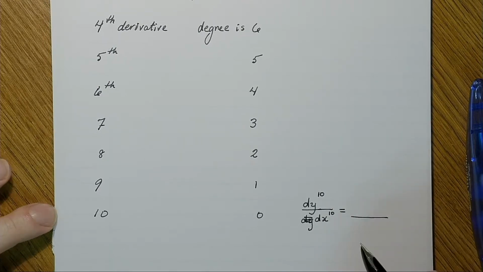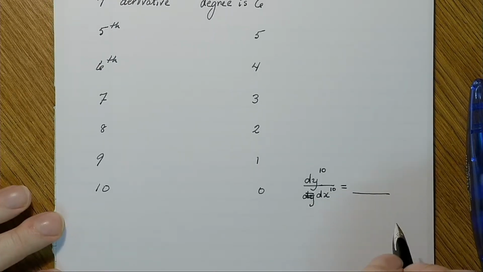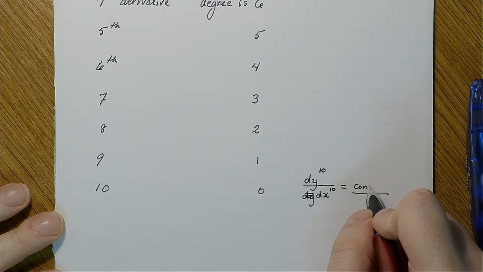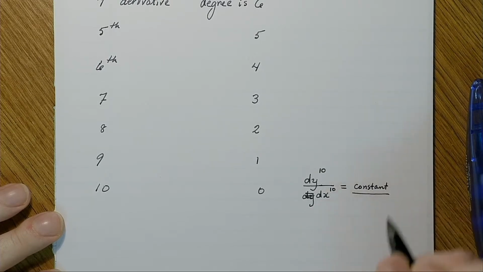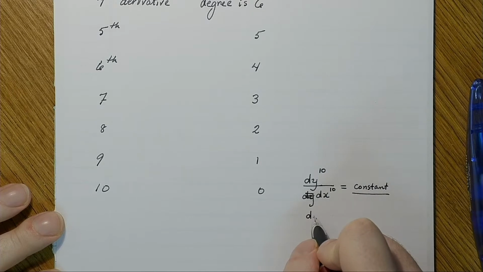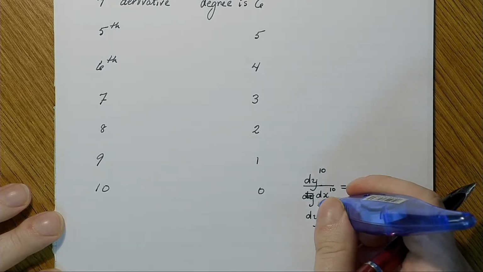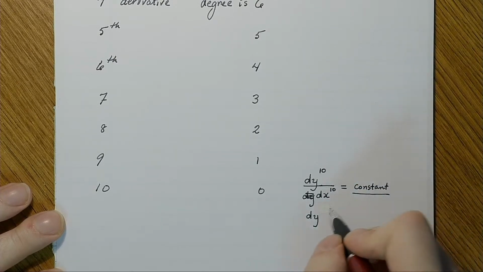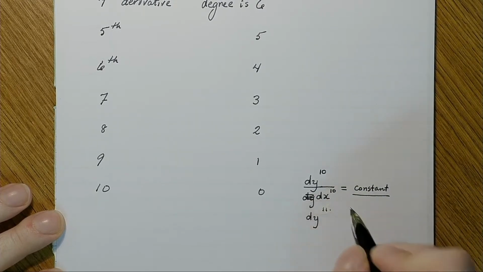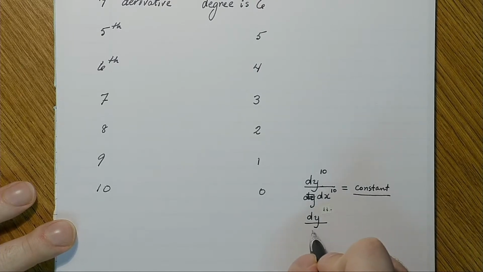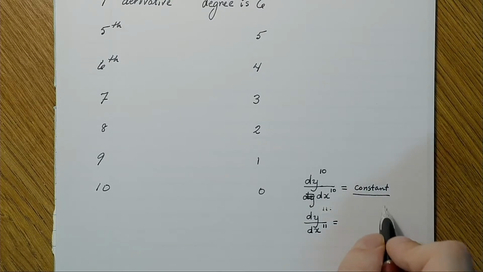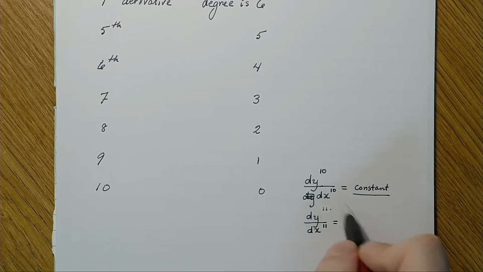So we have a constant, and by the time we get to this constant, the next differentiation, what happens then in this case? If I'm taking the derivative of a constant, then on my 11th order derivative, what should this be?